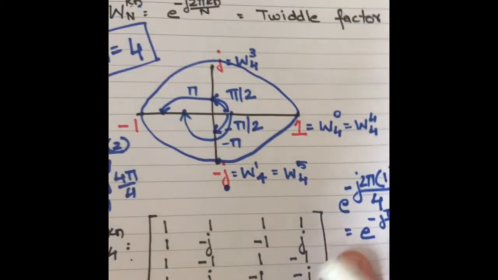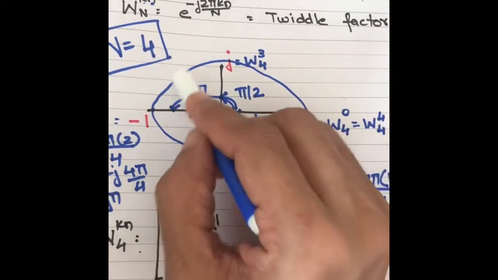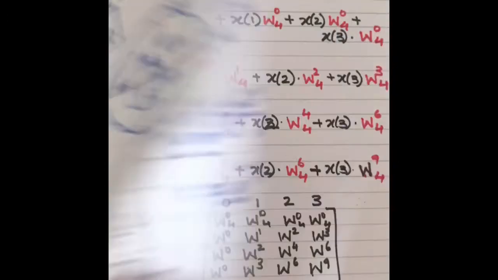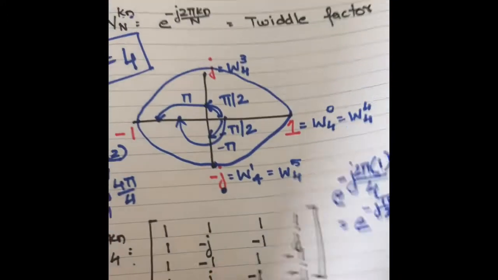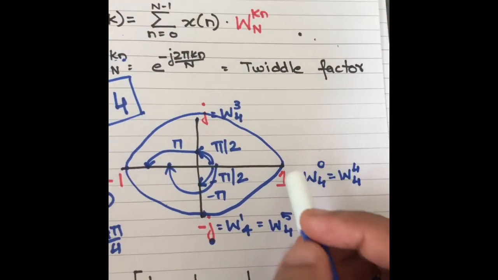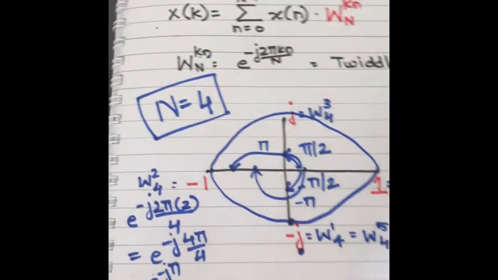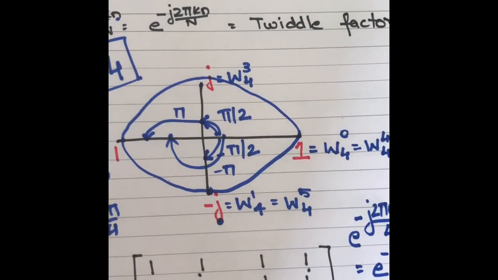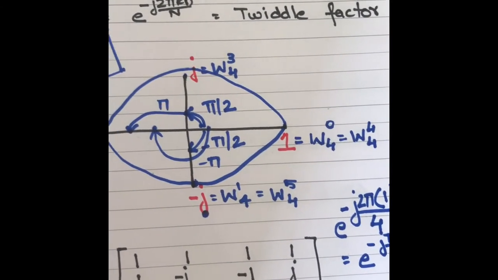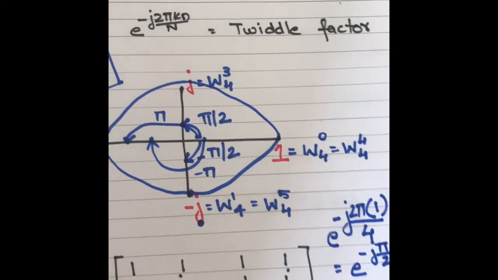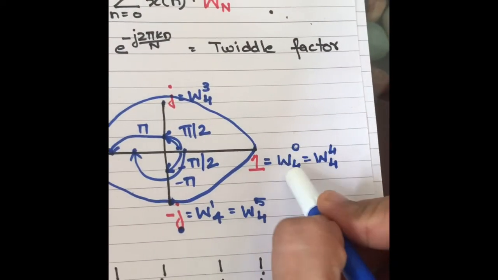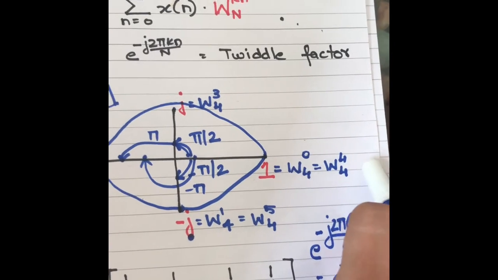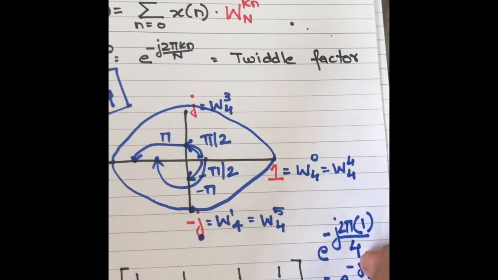And then by looking at this diagram, you can fill up the values of these twiddle factors. And a twiddle factor is periodic with a period N. That means after every N samples, the value of the twiddle factor is going to repeat. Like W04 is the same as W44 or W84 or W124 and so on and so forth.